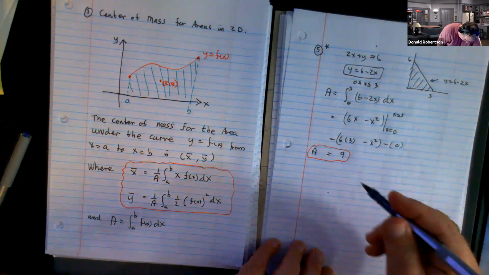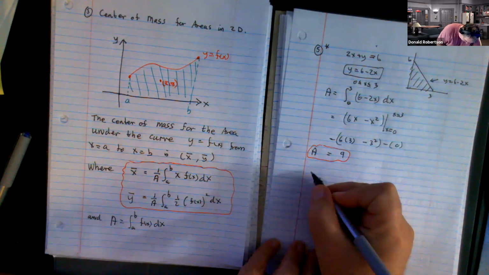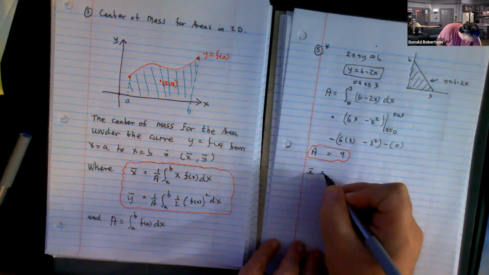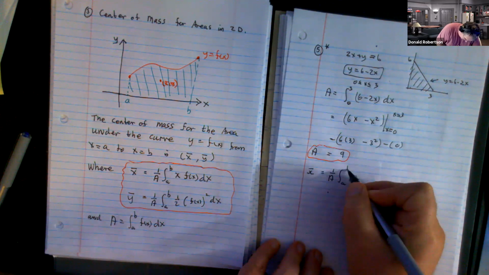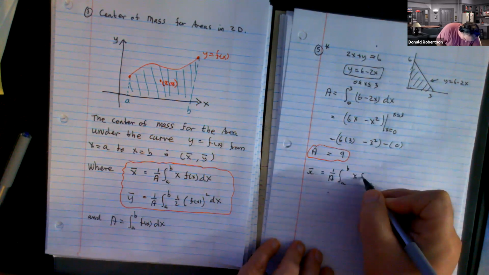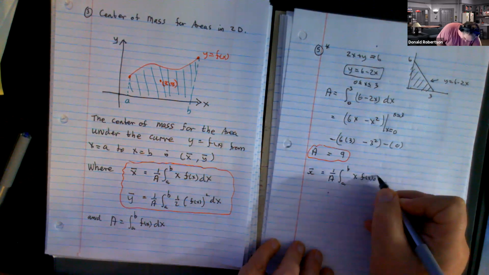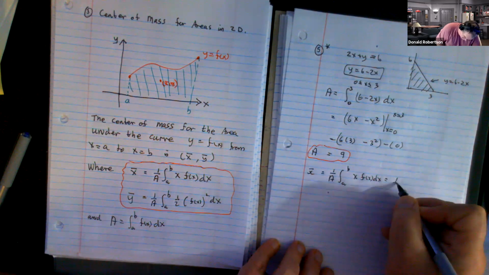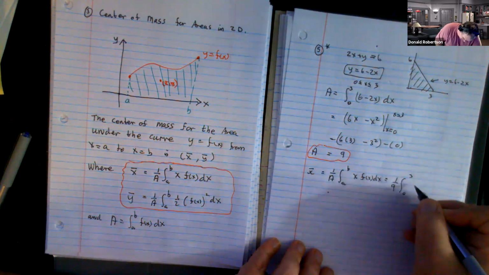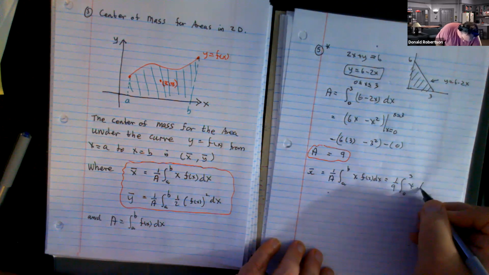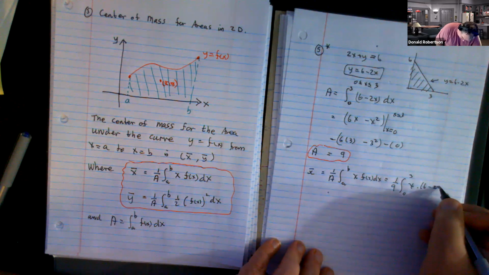Then find x bar. x bar is 1 over A, integral from a to b of x f(x) dx. So it's going to be 1/9 the integral from 0 to 3 of x times (6 minus 2x) dx.